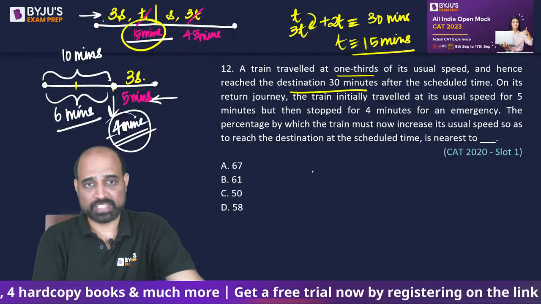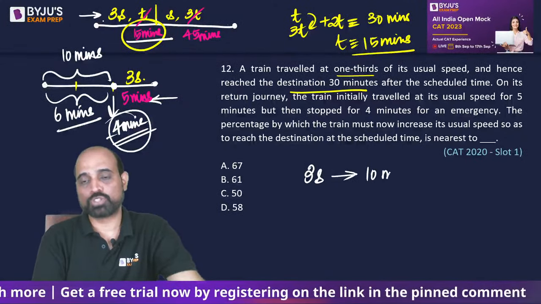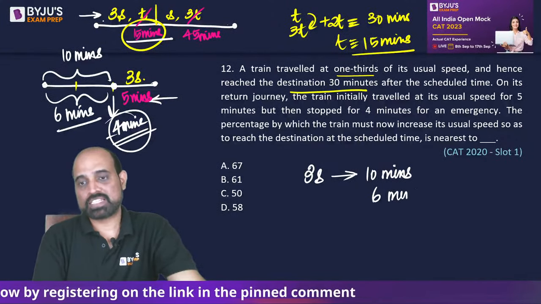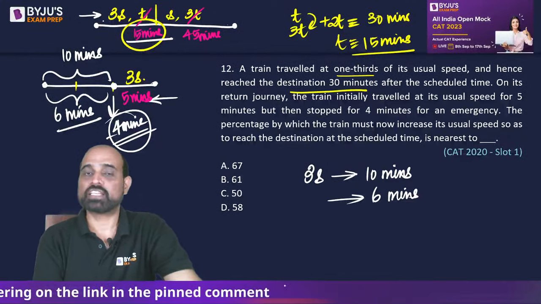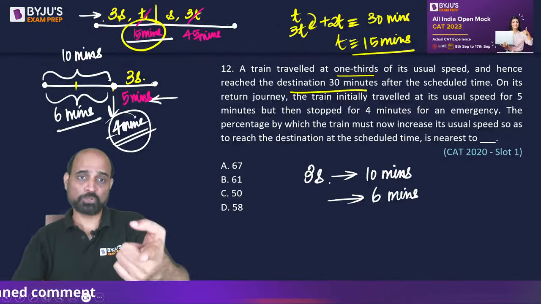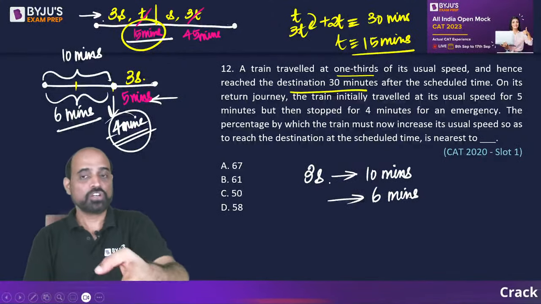So the simple logic is that at the speed of 3s, the train was supposed to cover a certain distance in 10 minutes. If it wants to cover it in 6 minutes, how much should the speed be? Inversely proportional, right? Speed and time are inversely proportional. That's why we took 3s and s, and t and 3t. So same thing.